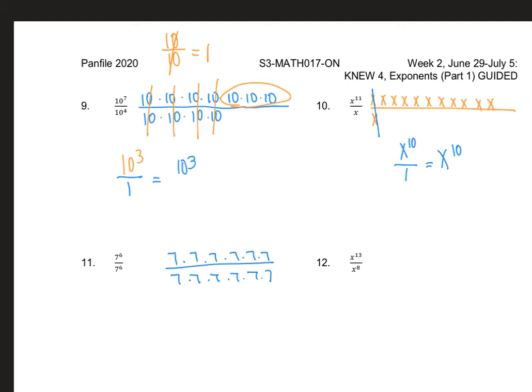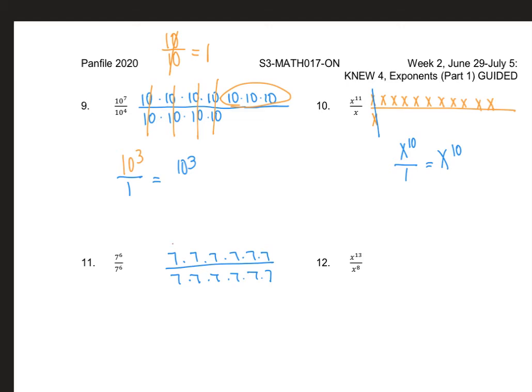That's the easiest way to remember it. The exponent tells you how many times you have that number. So I have the 7 six times, and I have them an equal amount of times, right? So what's going to happen when I cancel?